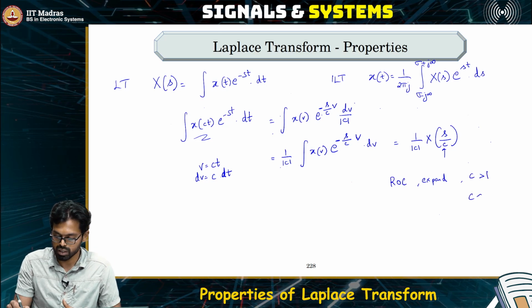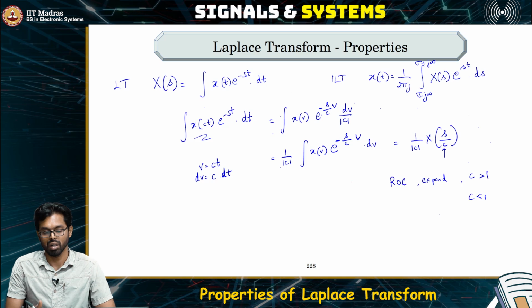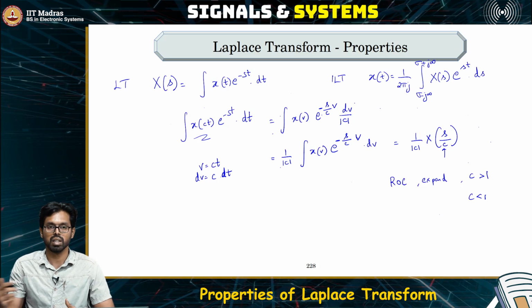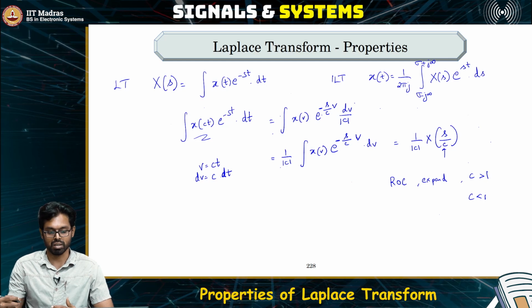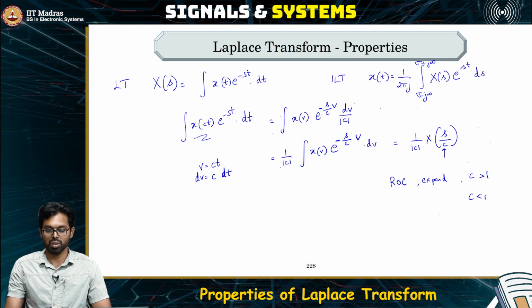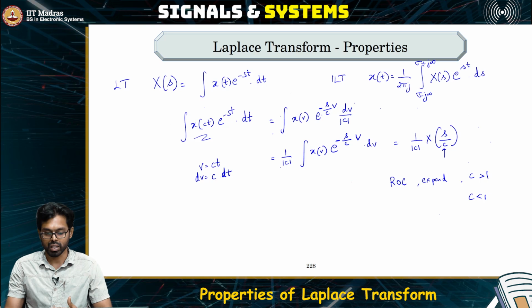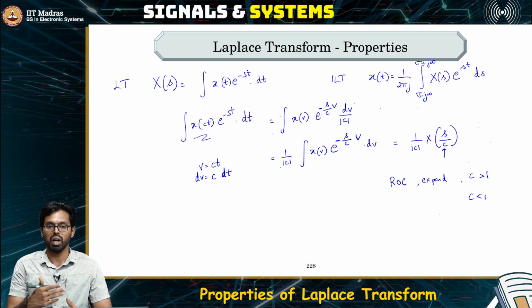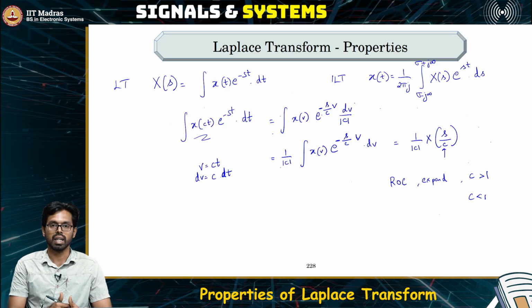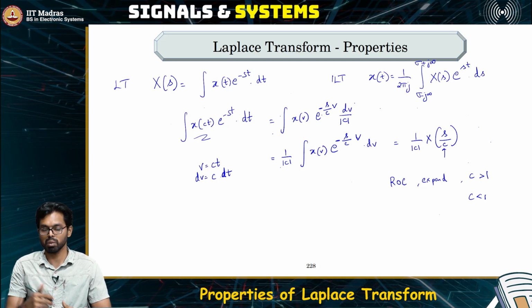And when c is less than 1, the signal in time domain expands. So, if it expands, then the energy increases. If the energy increases, then you would take a higher valued exponential, that is the exponential with which you decay the signal should have a higher exponent, so that it now has the absolutely integrable property.